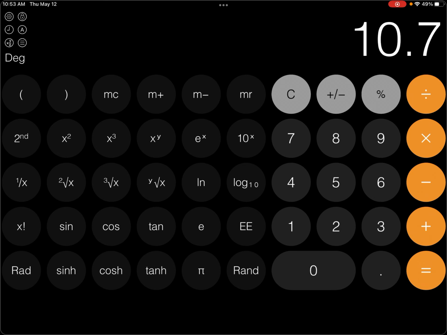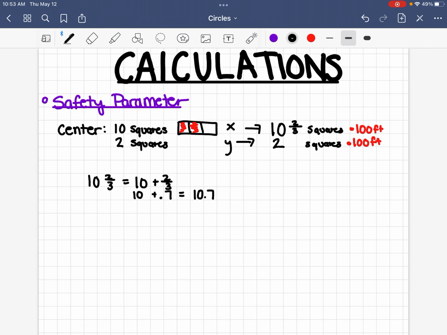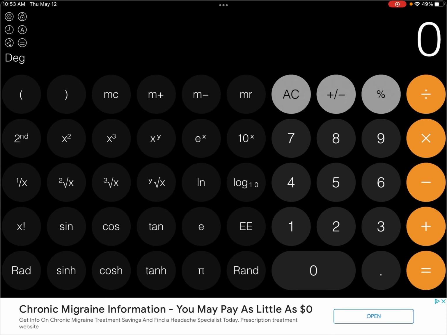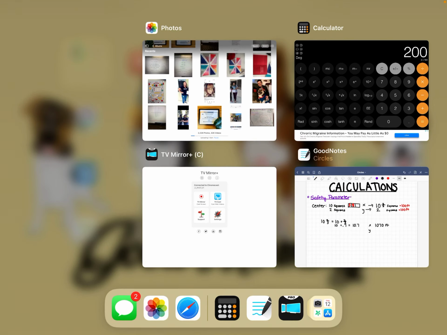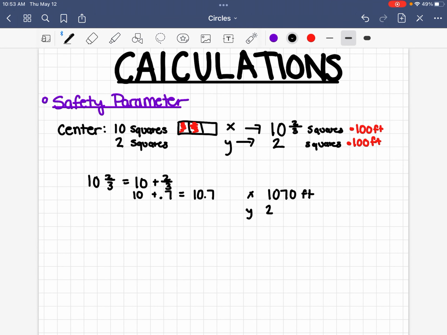So 10.7 times 100 feet gives me 1,070 feet. So 1,070 feet. This is my x value. For my y value, I want to do the same. 2 times 100. That is 200.